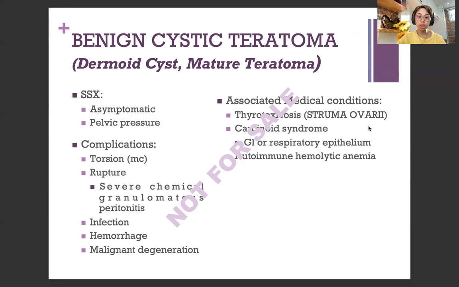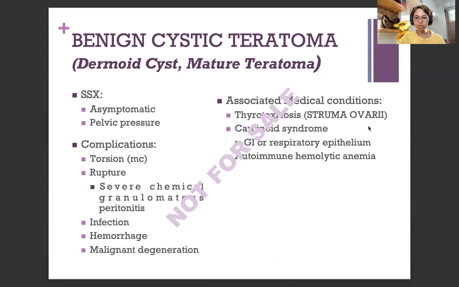I also met a patient who had hyperthyroidism, and upon removal of the ovarian new growth, it resolved. And truly, after looking at it in the microscope, those were thyroid tissues.